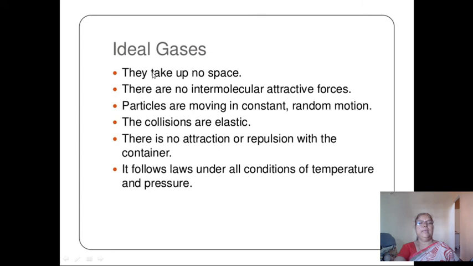So here the ideal gases take up no space, there are no intermolecular attractive forces, particles are moving in constant random motion, the collisions are elastic, there is no attraction or repulsion with the container, and it follows the laws under all conditions of temperature and pressure. These are the ideal gases and the salient features of the ideal gas.